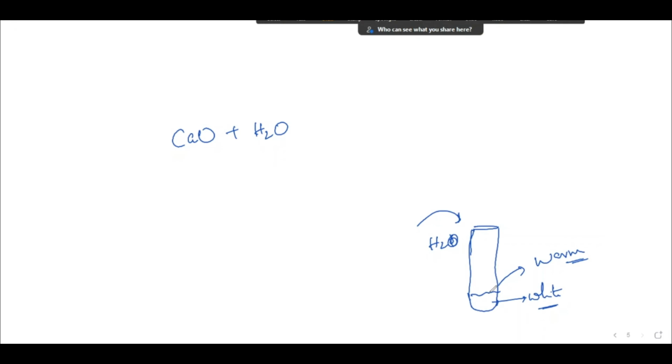That means in this reaction heat energy is released. So that may be one of the indications, that is the third one. In this case you will get calcium hydroxide as a product. The chemical reaction may be associated with release of heat energy.